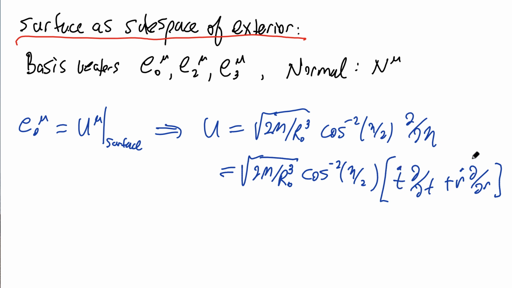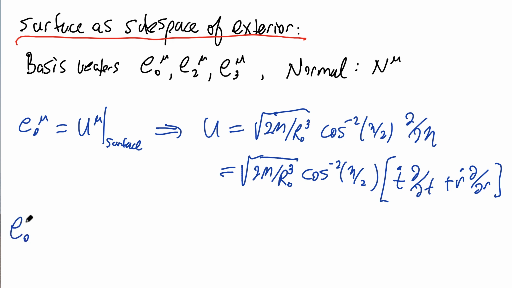We wrote down t dot and r dot explicitly before, so this factor times t dot is the t component of u. This factor times r dot is the r component of u. In other words, those are the t and r components of our basis vector E0.